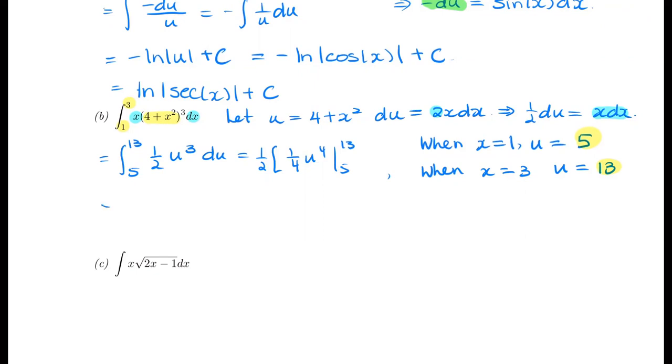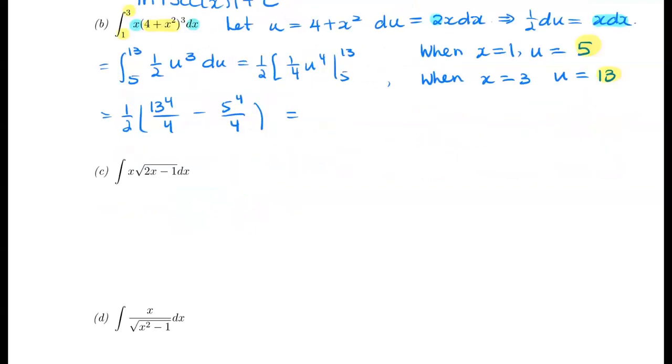So all that means is we could just put 13 to the power 4 divided by 4 minus 5 to the power 4 divided by 4. And that would be some value that we don't really have to bother calculating as long as we get some value out of it.